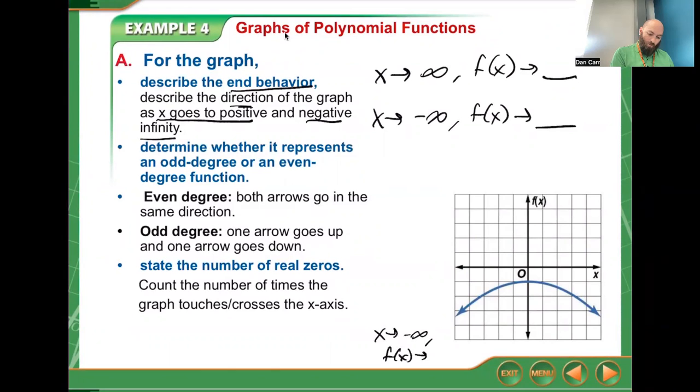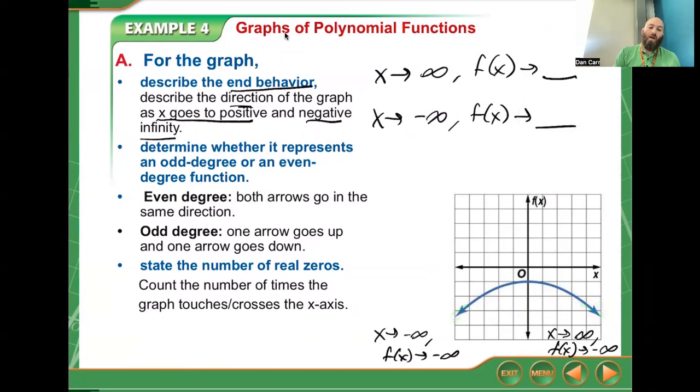F of x is also approaching negative infinity. You can approach infinities, positive or negative infinity. You can also approach values. We'll talk more about values in the future. On the right side, x approaches infinity. F of x approaches negative infinity as well. So that's my end behavior. Basically, we're filling this in with whatever the graph is approaching as it goes on forever.